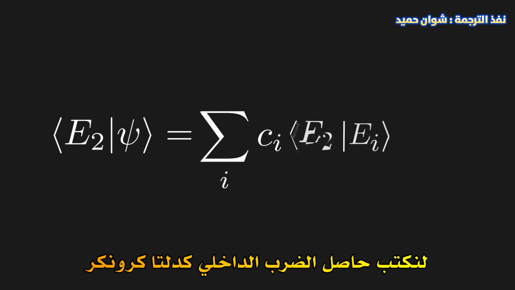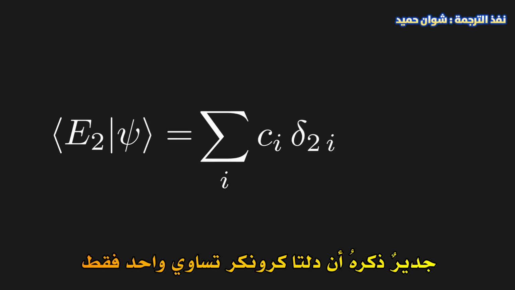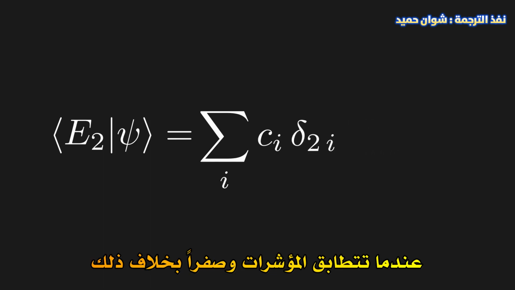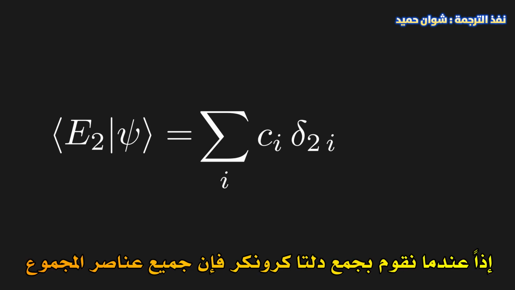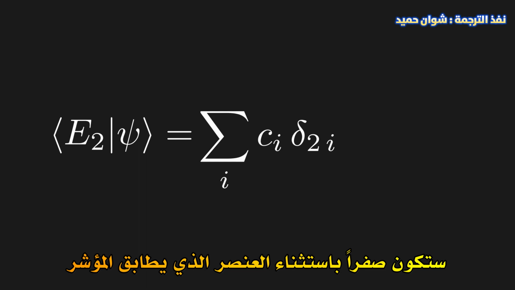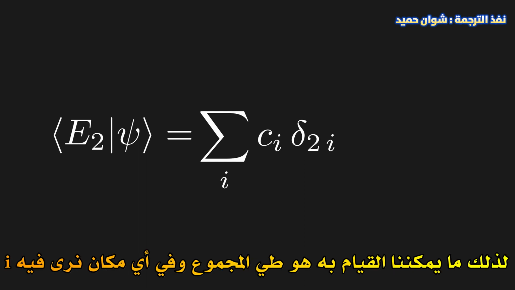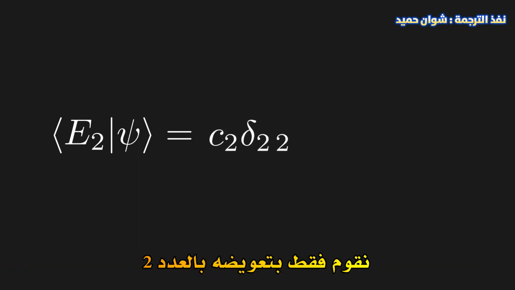Now let's write the inner product as a Kronecker delta. Remember that the Kronecker delta only equals 1 when the indices match, equaling 0 otherwise. So when we sum over a Kronecker delta, all elements of the sum will be 0, except the one that matches the index. So what we can do is collapse the sum, and anywhere we see an i, we just replace that with a 2. So what we get is our coefficient.